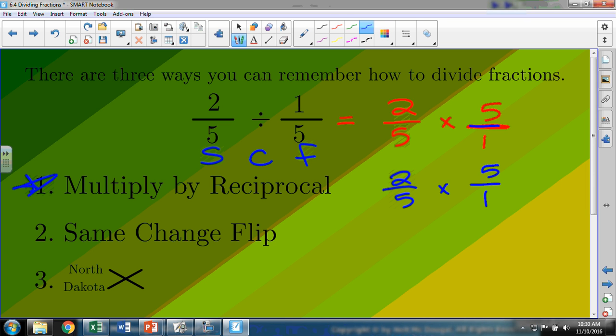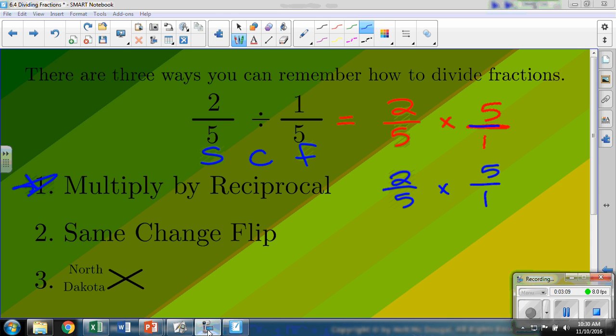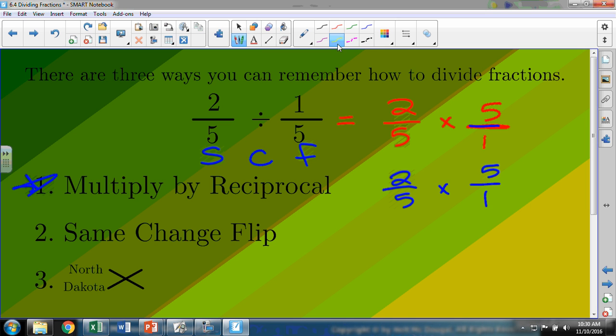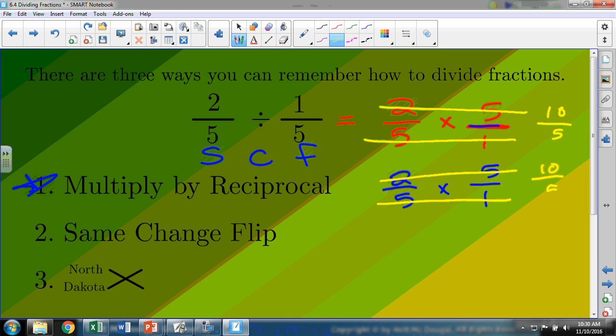Both of those lead you to the same correct procedure. They both lead you to a position where you multiply straight across, 2 times 5 to get 10, multiply straight across the denominators, 5 times 1 gives you 5, and so both of them give you this answer of 10 over 5.